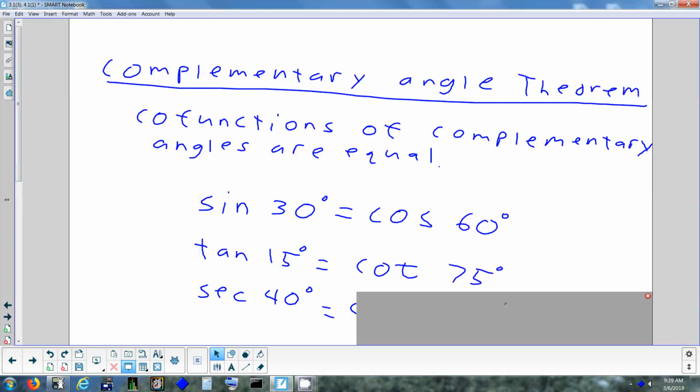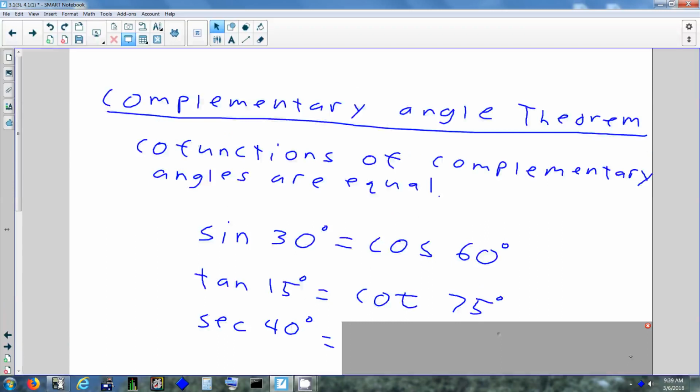I'm not going to type it in and show you, but it would be. And the last one, how about secant 40? What would secant 40 be the same as? Jill? Cotangent of 50. I like the angle. It's definitely going to be, I mean cosecant 50, but yeah, it's going to be cosecant.